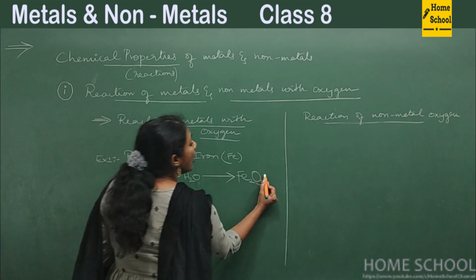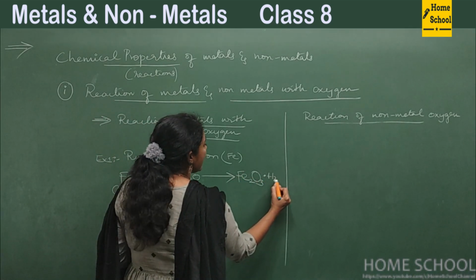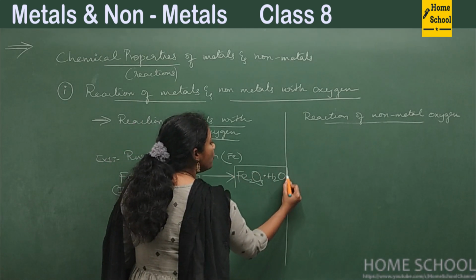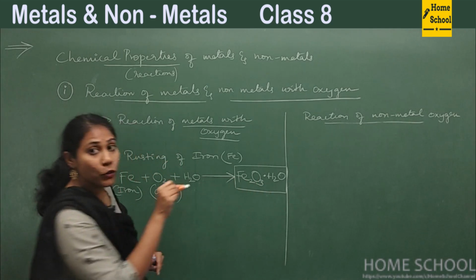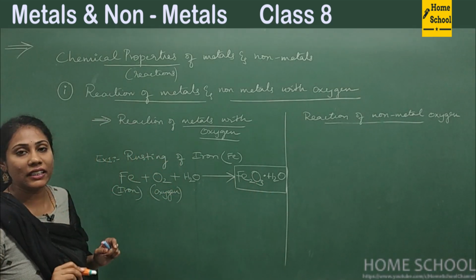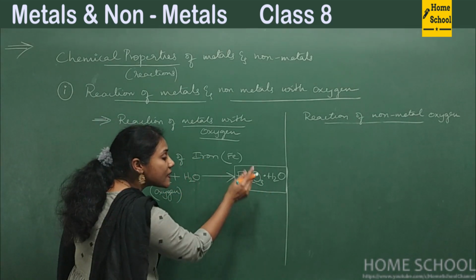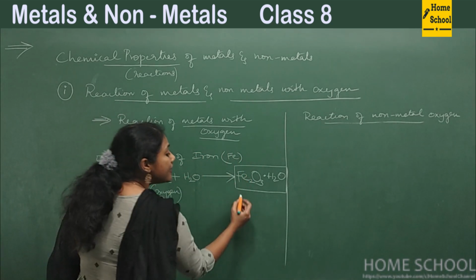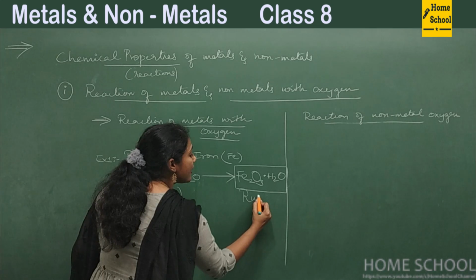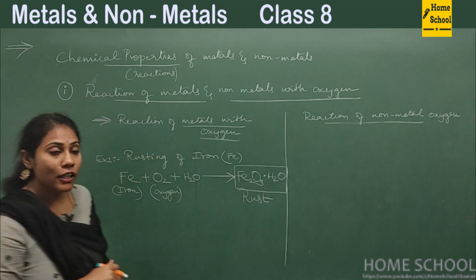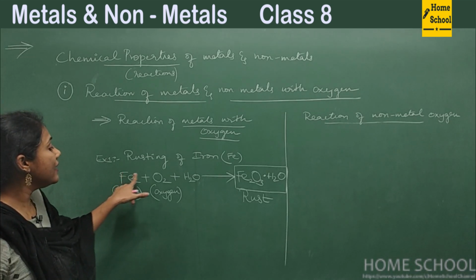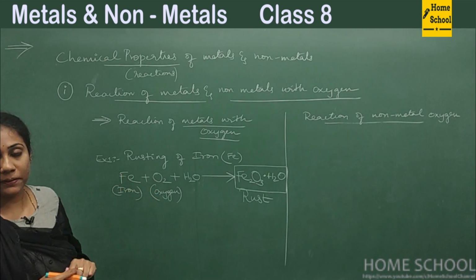And dot H2O, it has also reacted with H2O, right? So this is a new substance that you will observe on iron articles. It looks like brown powder. That brown powder is what we call rust. So this is an example of how metals can react with oxygen.